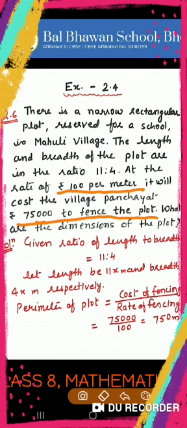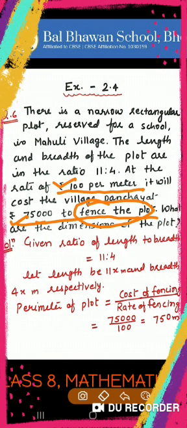So when we divide these two numbers, we will find the value of perimeter. Why perimeter? Because we are doing fencing in this question. So when you divide the cost of fencing by the rate of fencing, you will find the value of perimeter.